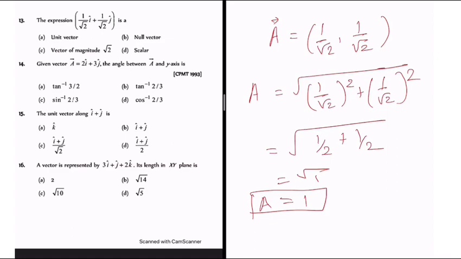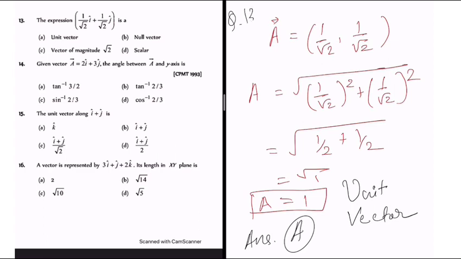Magnitude of A is 1. Which kind of vector is it? Unit vector. Your answer is A. Question number 30. Okay, chalo next question.